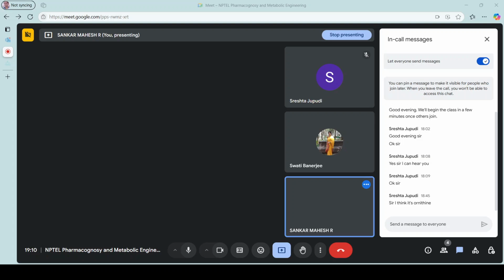Four options are given here: acetylcholine, gamma aminobutyric acid, glutamic acid, and dopamine. So, which of these do you think is closely related to benzylisoquinolines?